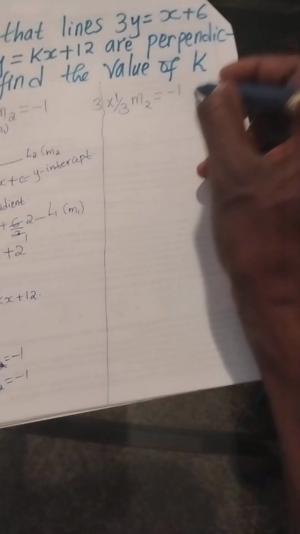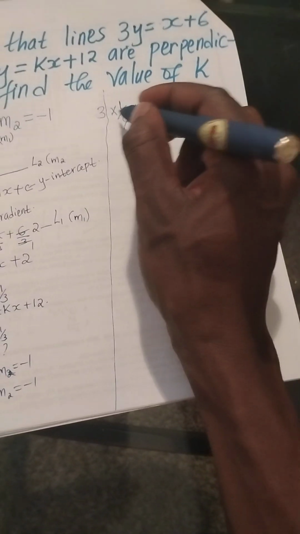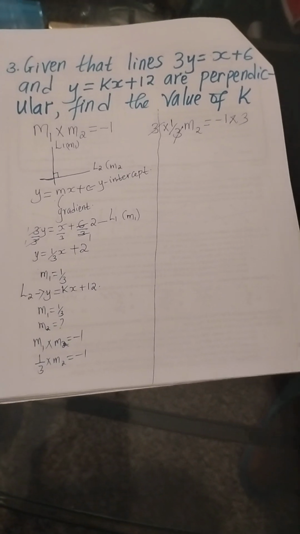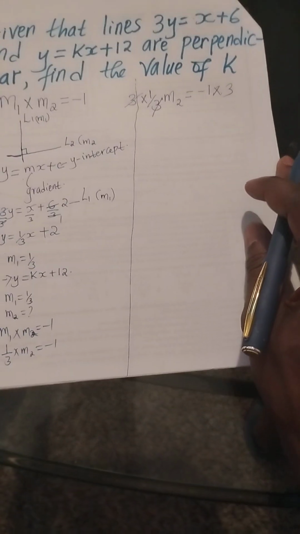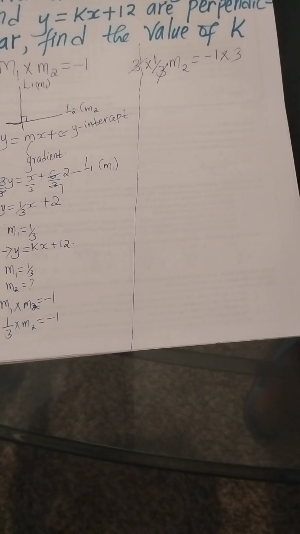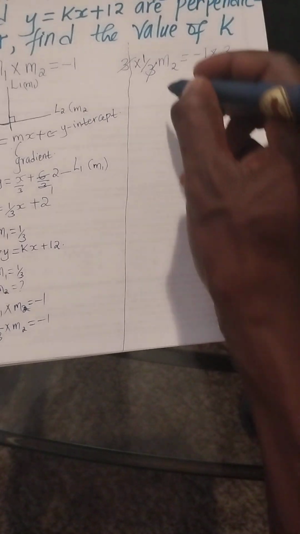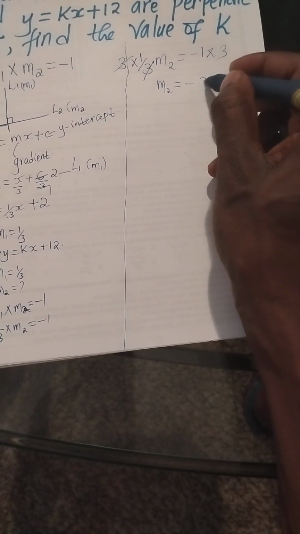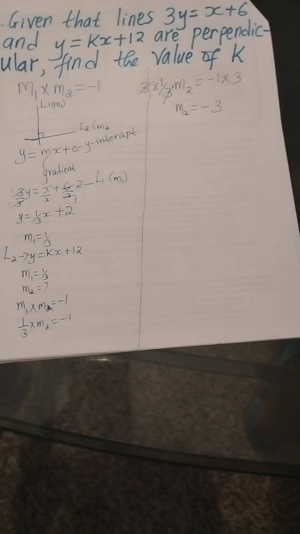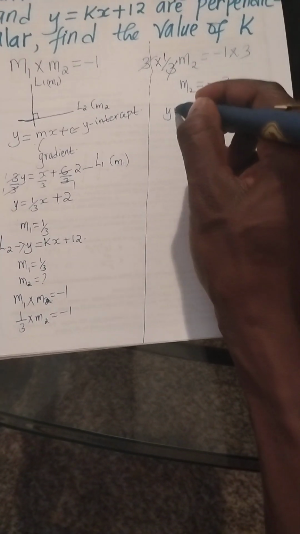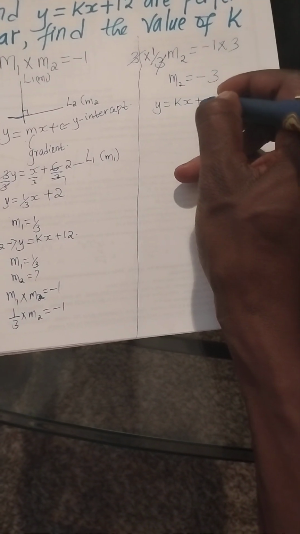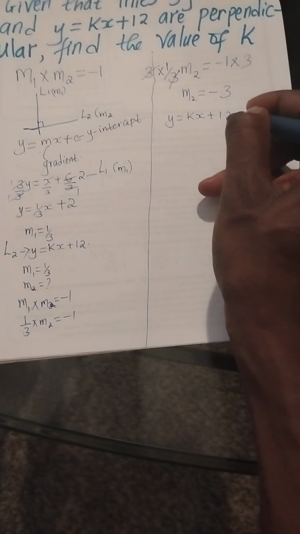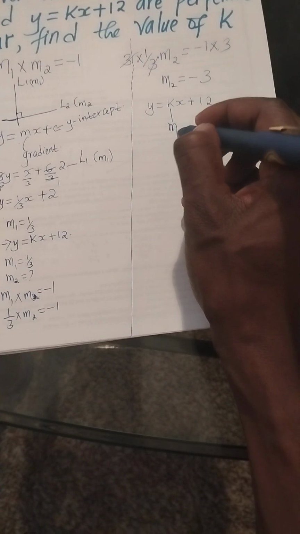Multiply both sides by 3. So 3 and 3 will go. Now what do I have? m2 is equal to -3. When I write the equation of line 2, y is equal to kx plus 12, this is my m.